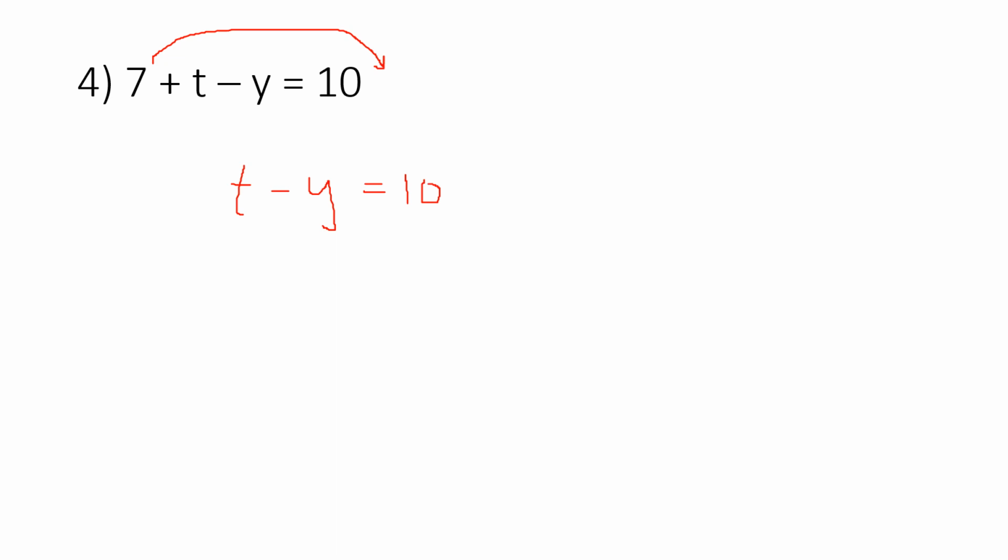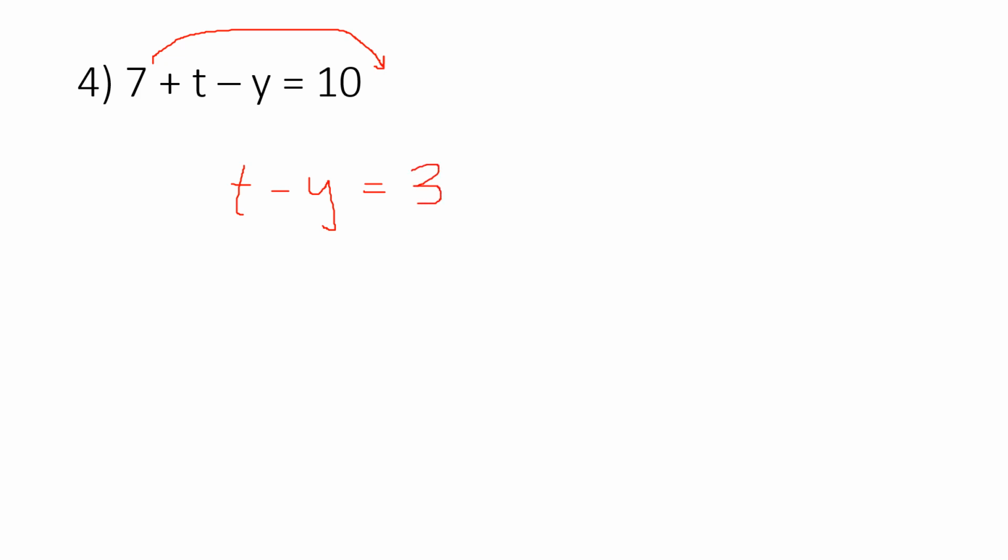So 7 minus y is equal to 10 minus 7. I was going to put the answer 3 there at once, but then some person might wonder where the 3 comes from. If I bring the 7 over, remember that will make it negative. So then we have 10 minus 7, and 10 minus 7 is the same as 3. So now you know where the 3 comes from, right?